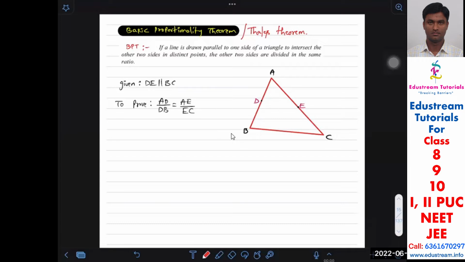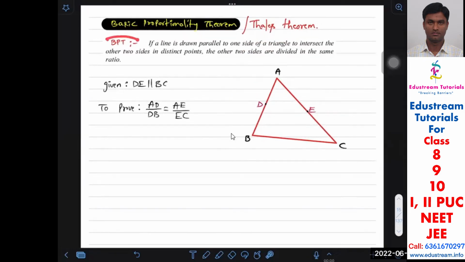Let's start with the basic proportionality theorem, which is also called the Thales theorem. What is BPT? In short, the basic proportionality theorem is called BPT. Let's see what the definition says here.